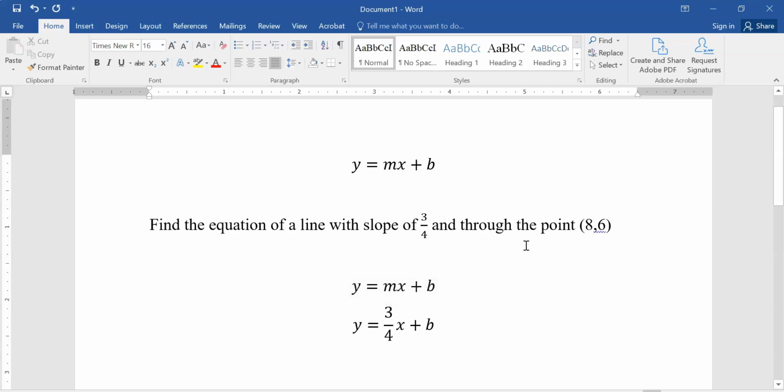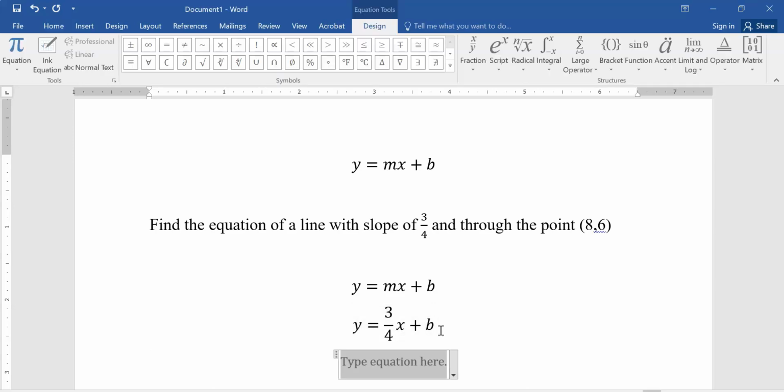Now here's the trick: we know it goes through the point 8, 6. If I know that my line goes through the point 8, 6, then I know that when I plug in 8 for x and 6 for y, it has to give me a true statement.